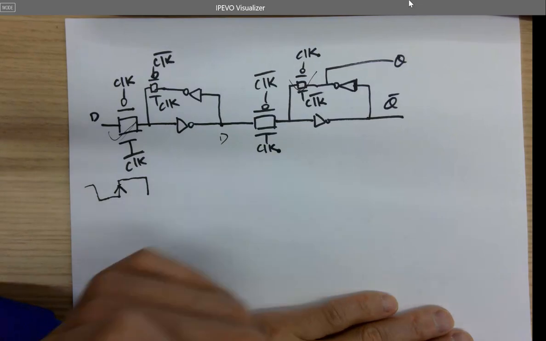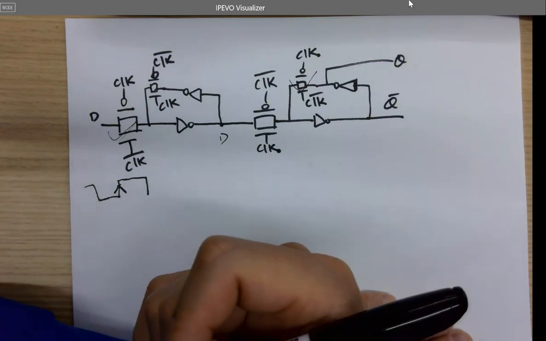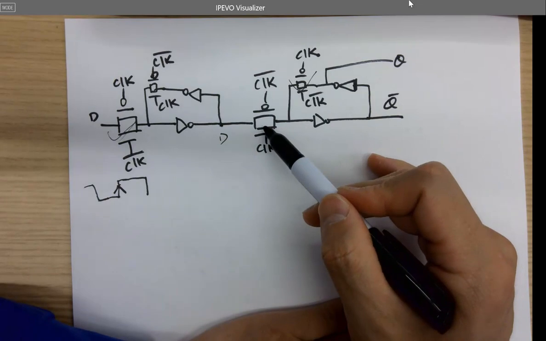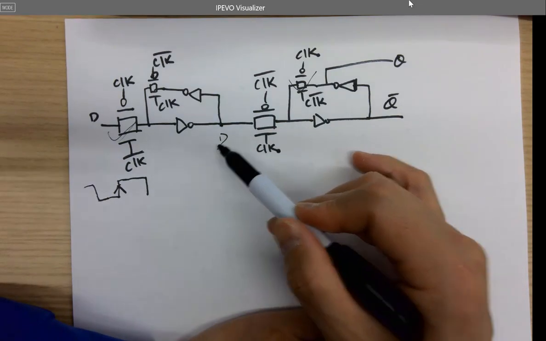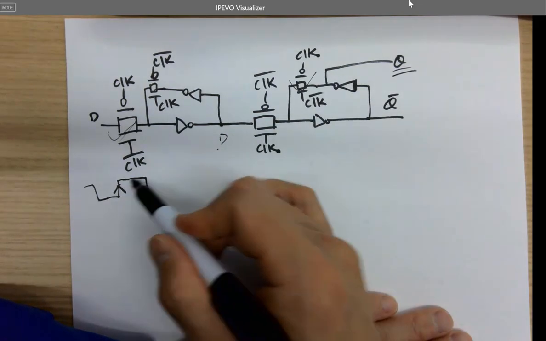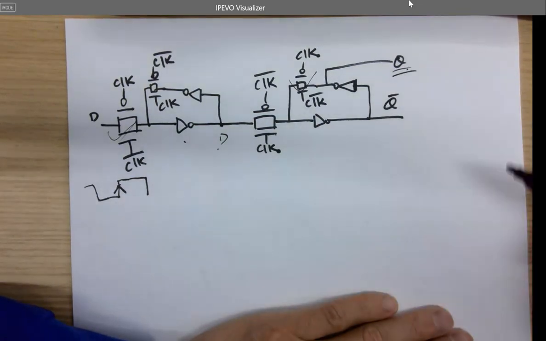At the rising edge, this is turned on. This is turned on, so D will pass this transmission gate and these two gates and arrive here. So at the rising edge, D will be sent to Q.